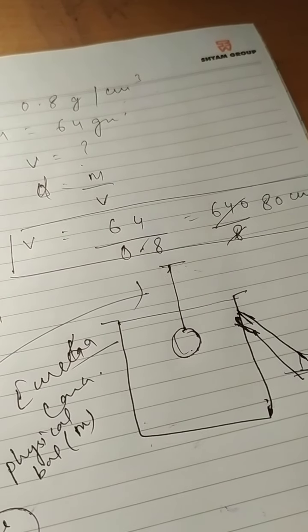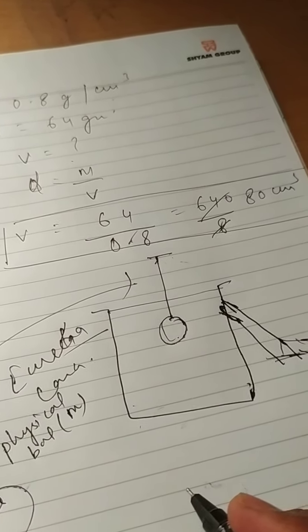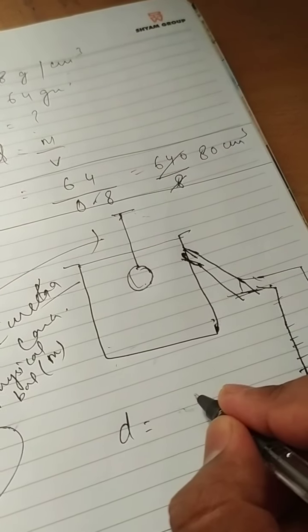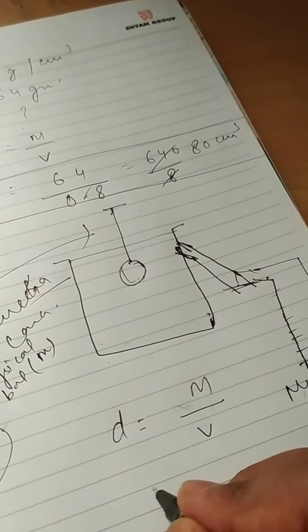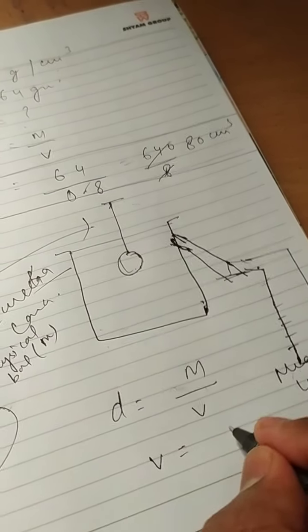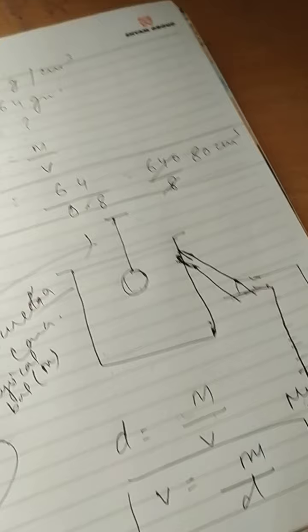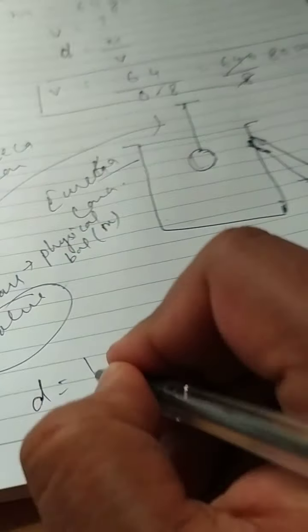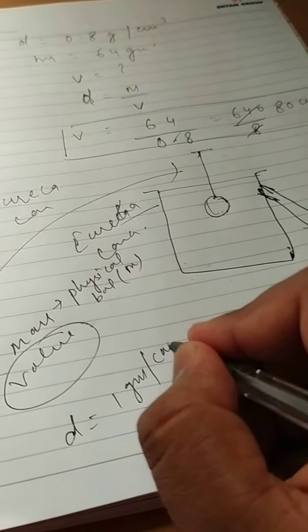now what will happen, we will get a relation density equal to mass by volume, then volume will be equal to mass upon density. Since the density of water is 1 gram per centimeter cube in CGS system, the density of this solid, that is the ball which is being inserted, will be equal to mass, that is the mass which we have taken with the help of physical balance, upon volume.